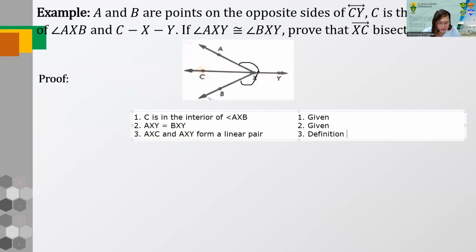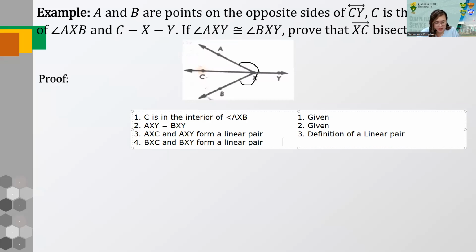Yes, ma'am. Another linear pair is BXC and BXY. So that is by definition again of a linear pair.